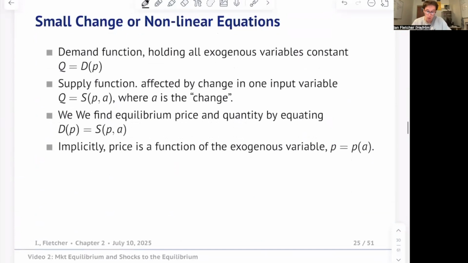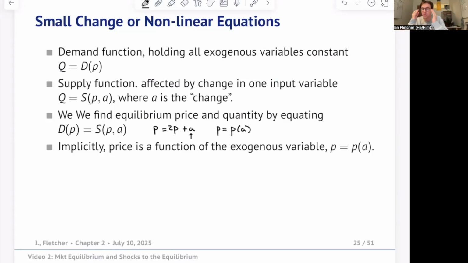And so what we can do then is that when we've got some function here, let's just say that this was 2p plus a, right? We would be able to write this as price being a function of the exogenous variable that we can't change, and everything that happens with this price is going to depend on this A, right?